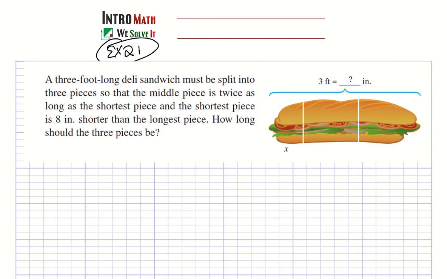So we look at it carefully. See, the initial part, you have a 3. See right here, the longest. What is the total length? How long should the 3 pieces be?